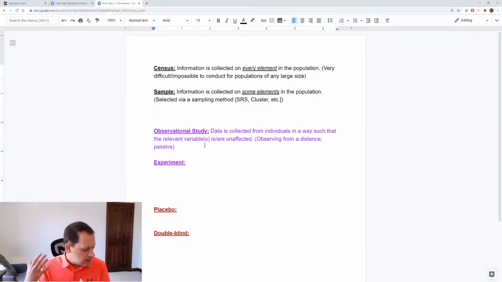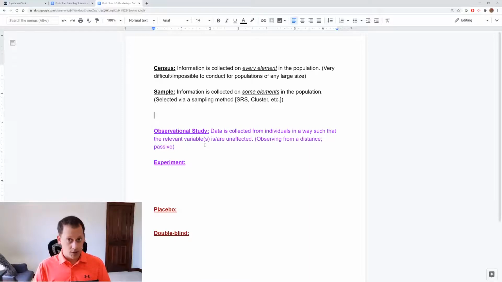Say we take 100 overweight people and we observe their diets, their exercise routines, everything they do for 2 months. And we record their weight daily. Okay? All we're doing is observing what they're doing.